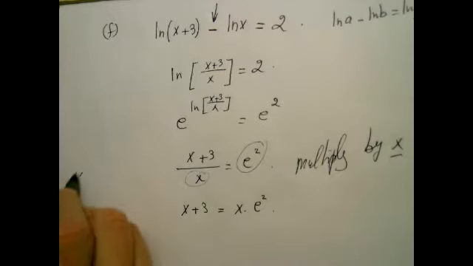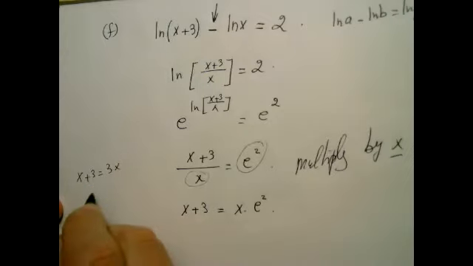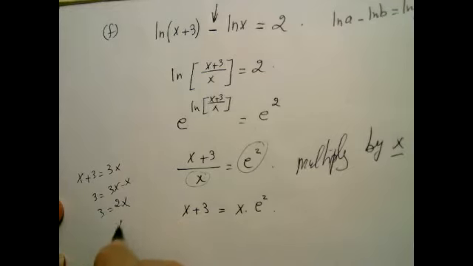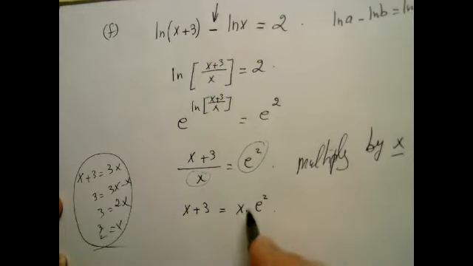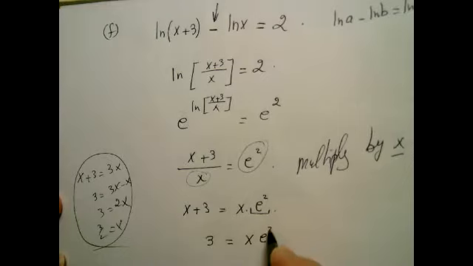If I ask you to solve x plus 3 equal 3x, you're not going to have any issue. You combine the x's: 3 equals 3x minus x, you get 2x equal 3, x equal 3/2. It's the same thing here, but instead of having a 3, I have e squared. So I do the same process: 3 equals x e squared minus x.